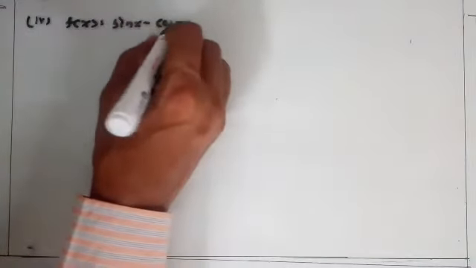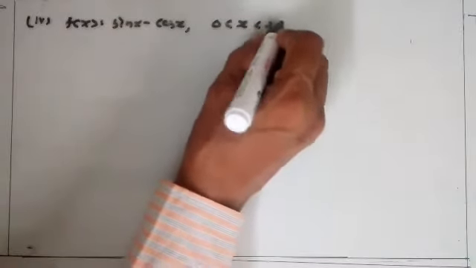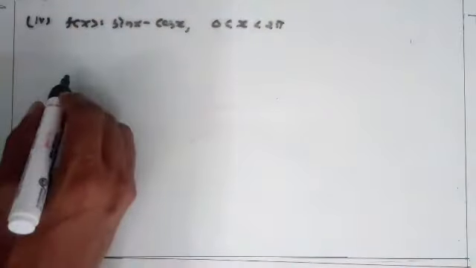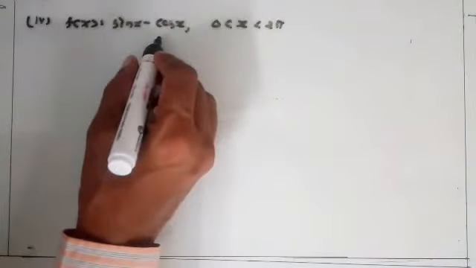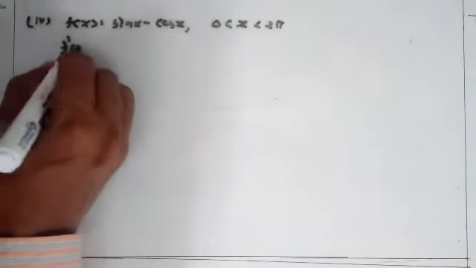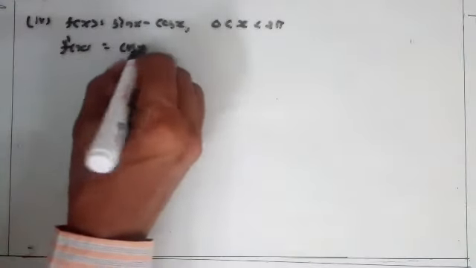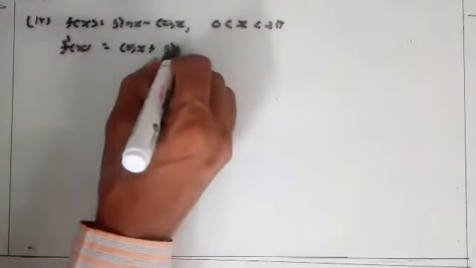Question number next. 4, given f(x) is equal to sin x minus cos x, 0 less than x less than 2 pi. Same question. First get the first derivative. f'(x) is equal to cos x plus sin x.